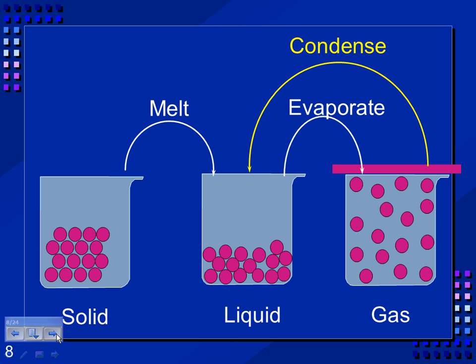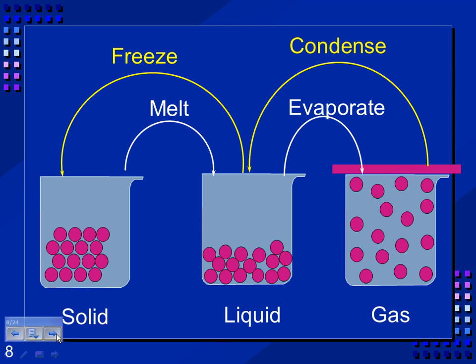But what's happening is that gas in the air on the outside, that water vapor, is going to condense or slow down and lose energy as it gets close to that cooler substance, like that iced tea. And so it's going to become a liquid and condense on the outside. So that's when we're talking about the glass sweating or dew on the ground outside. That's condensation.